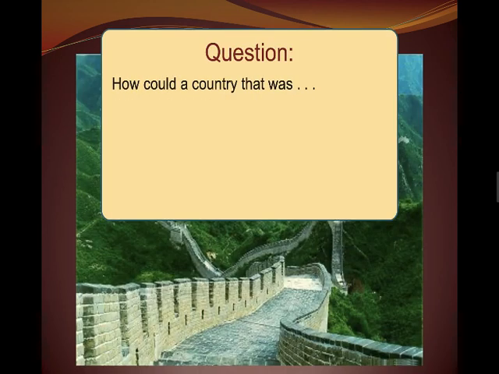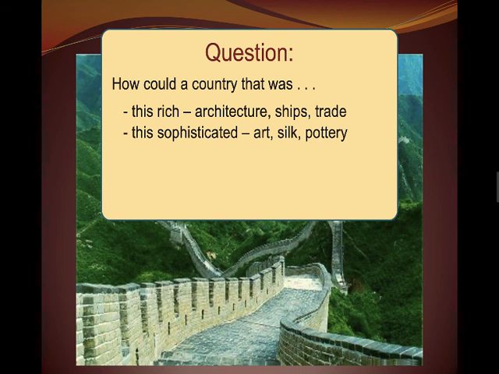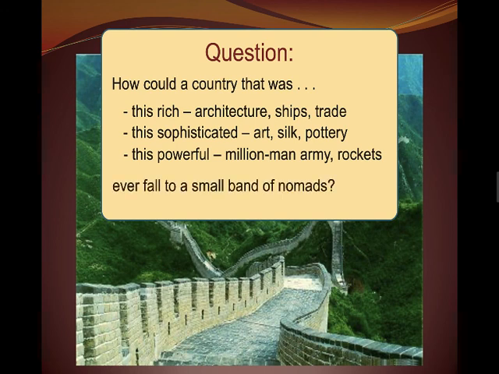So here comes a really puzzling question. How could a country that was this rich, this sophisticated, with art, silk, pottery, this powerful 1-million-man army armed with rockets, how could it ever fall to a small band of nomads from the north?